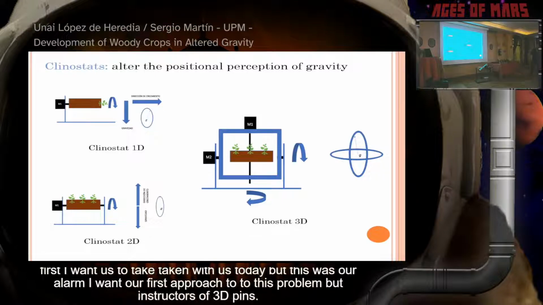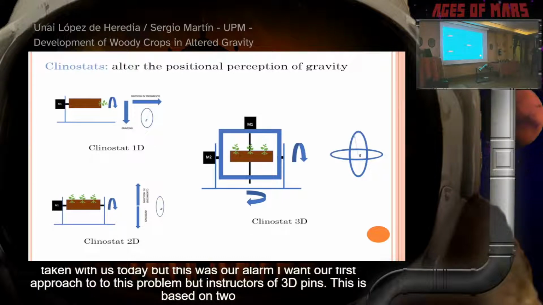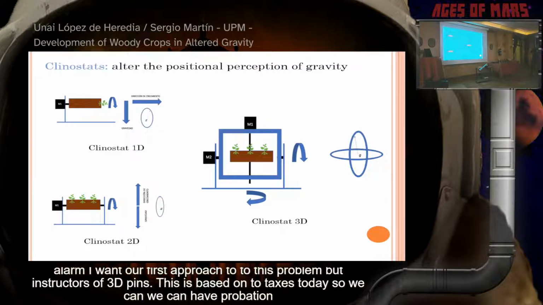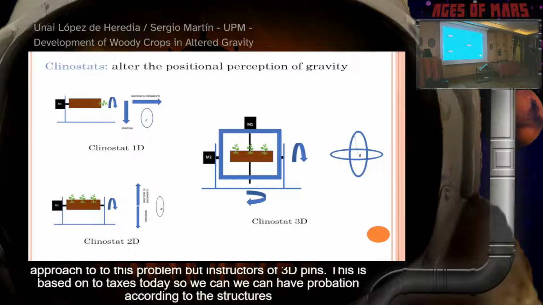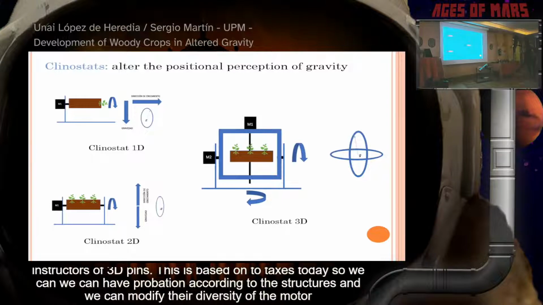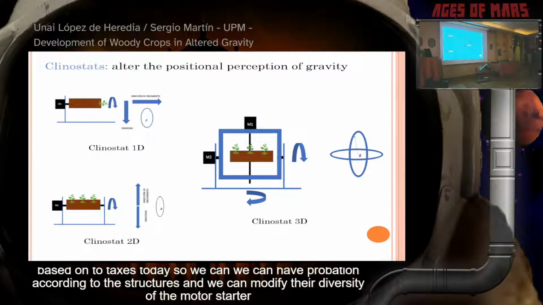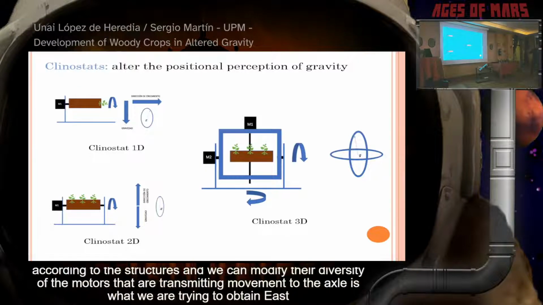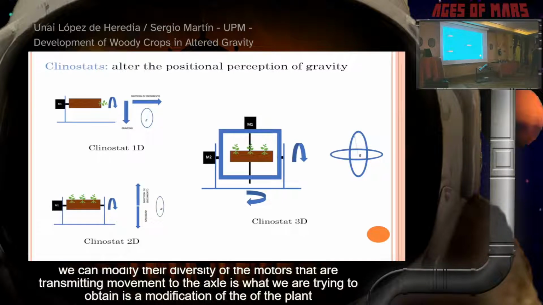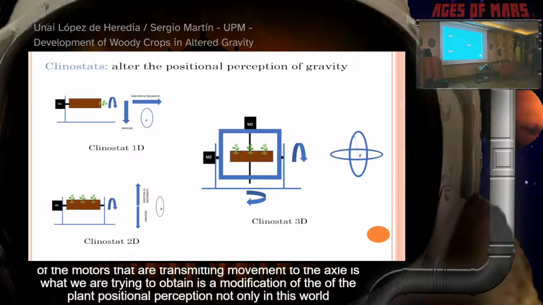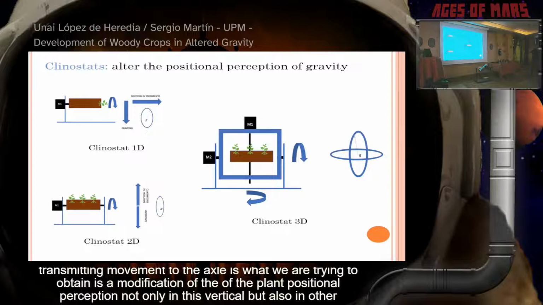This clinostat is based on two axes, so we can have rotation according to these two axes, and we can modify the velocity of the motors that are transmitting movement to the axis. With this, what we are trying to obtain is a modification of the plant positional perception, but not only in the vertical, but also with other angles.